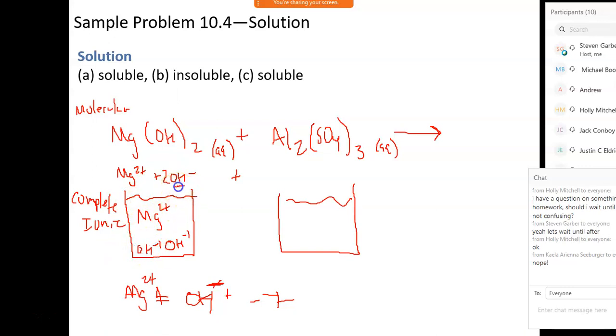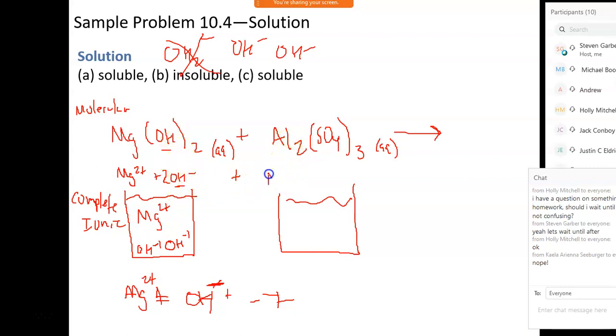All I'm showing here is what the ion is. The ion is not an OH2. This does not exist. OH2 minus ion, that's not a real ion. It's just 2 hydroxides. That's what that 2 implies. The ion is just the hydroxide. You have to write just what the ion is.